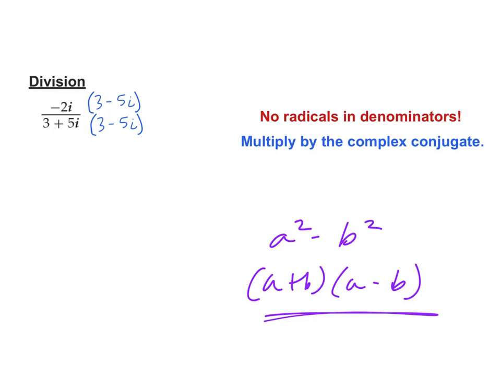This is the F part of FOIL, and this is the L part. The O and I cancel each other out. So that's why conjugates work. And what will happen is, on the last term with a complex number, you'll always get an i squared, which will turn into a real number. And then the middle 2 terms that have just the i should cancel out.